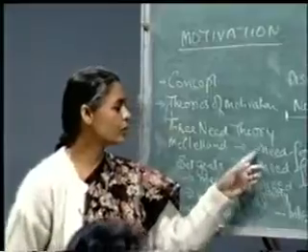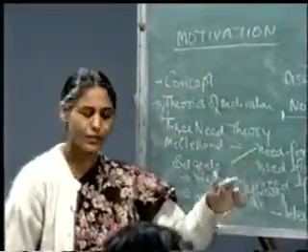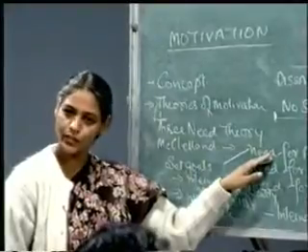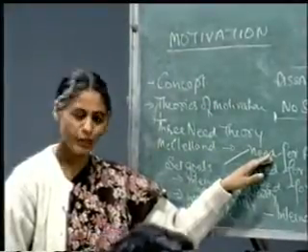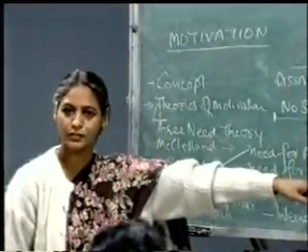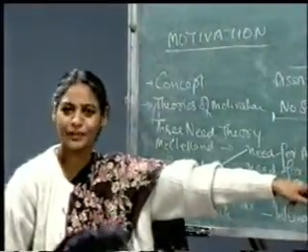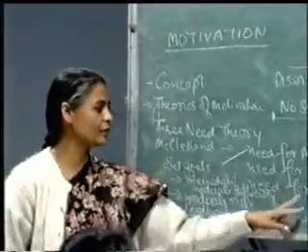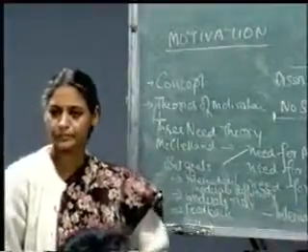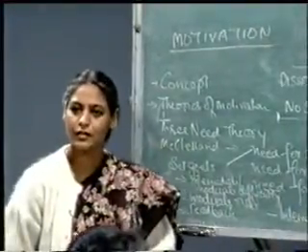The people who have high need for achievement would set their own standards of attainment, right? The people who have need for power, they would like to influence others, right? They would like to be leaders in the group, right? And the people who have need for affiliation, they would like to work in groups. So accordingly, their behavior is directed.